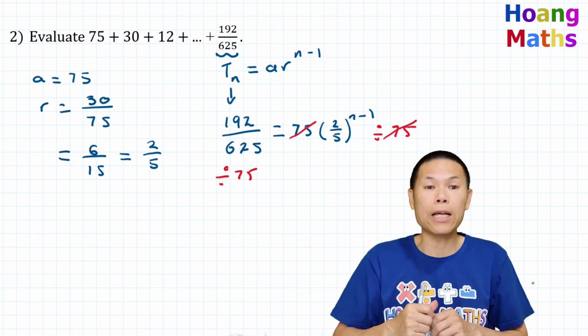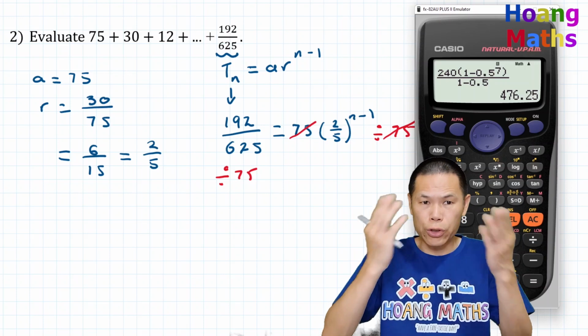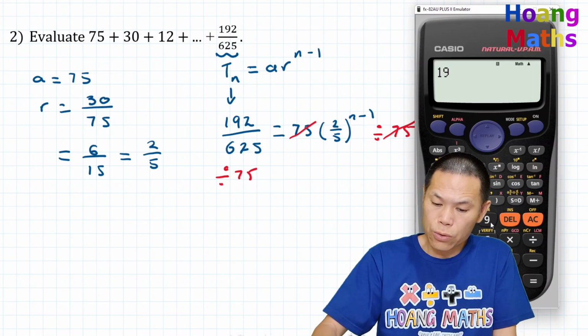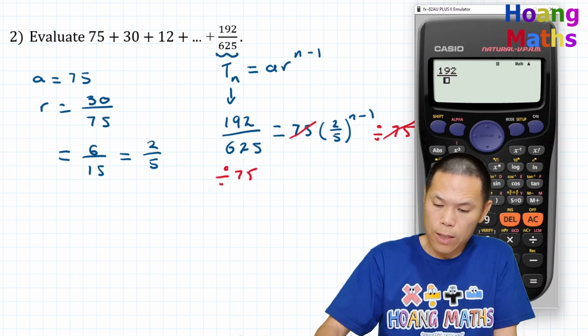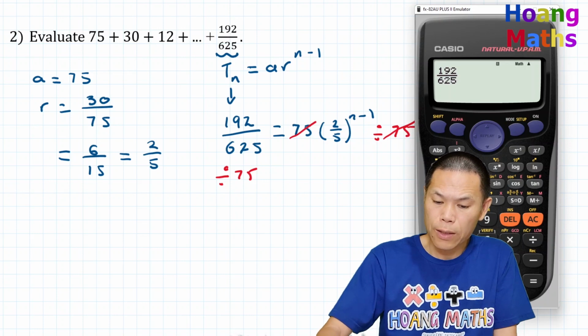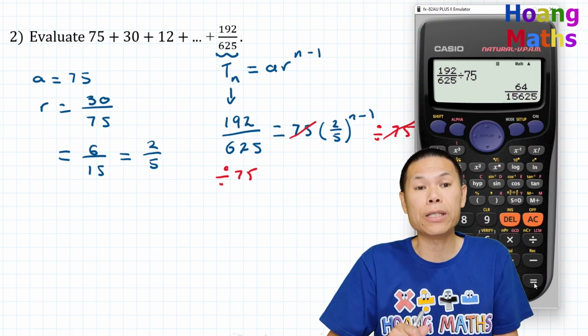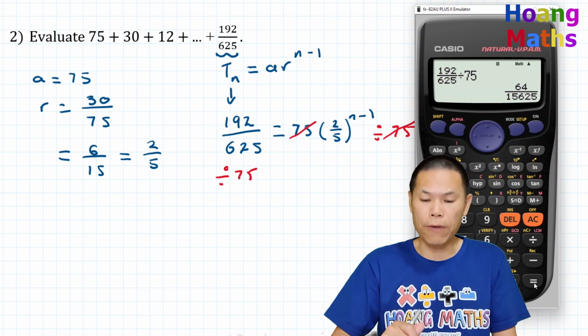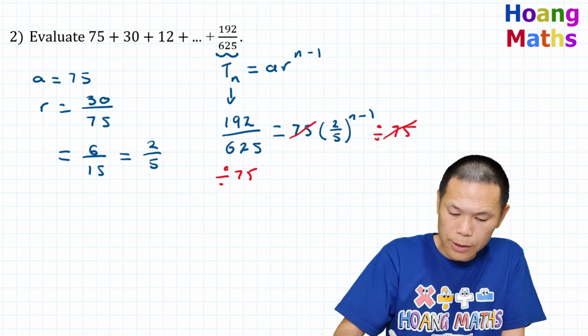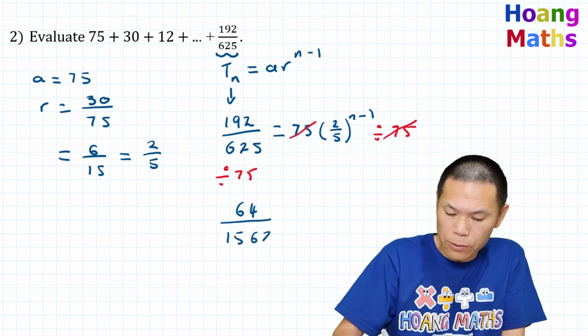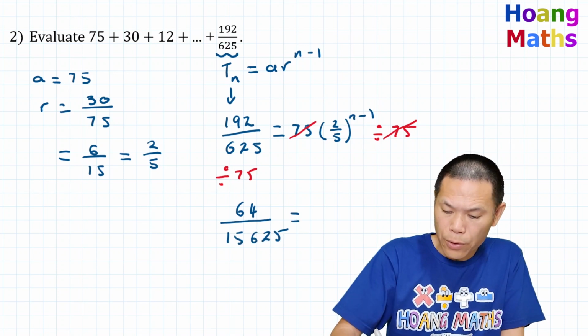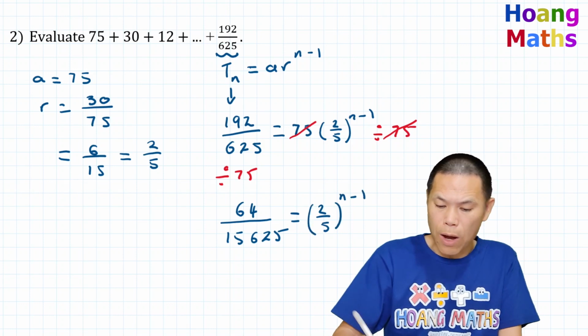On the left hand side, I put that on the calculator: 192 over 625 divided by 75. There you go, 64 over 15625. Let me write this down: 64 over 15625 is equal to (2/5) to the power of n minus 1.